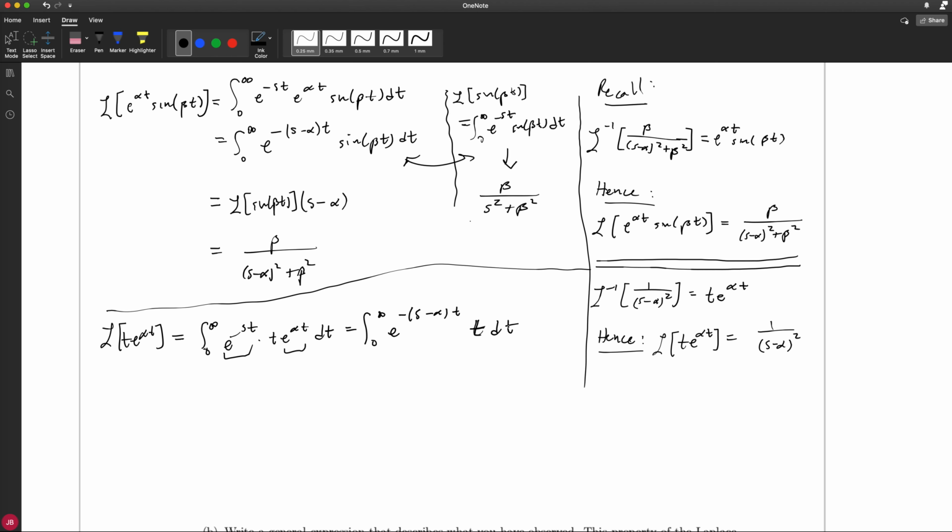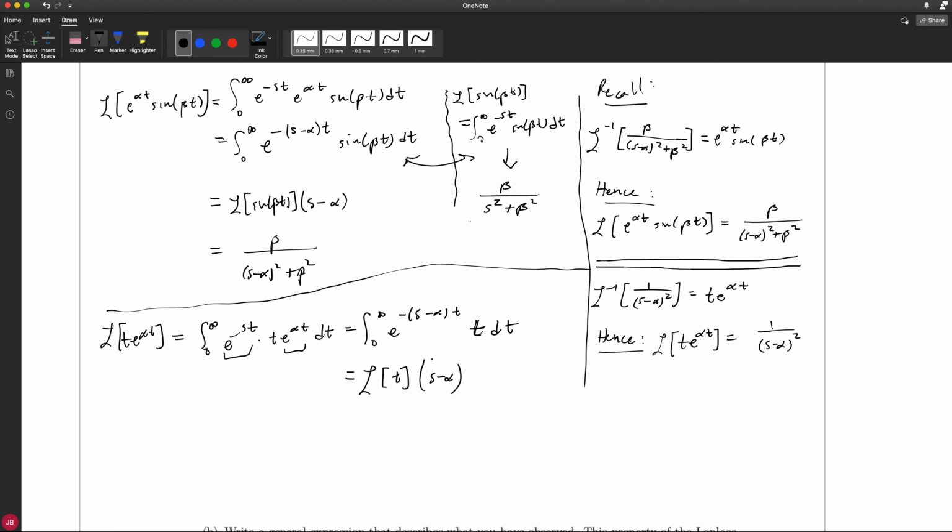Well, this looks like the Laplace transform of just t, but no longer evaluated at s, except instead it's evaluated at s minus alpha.